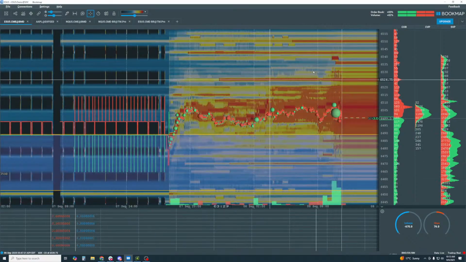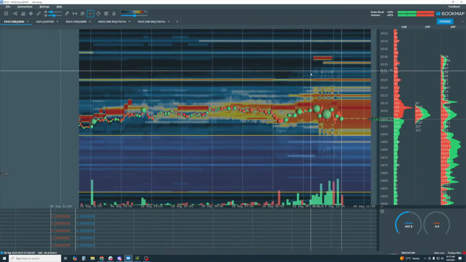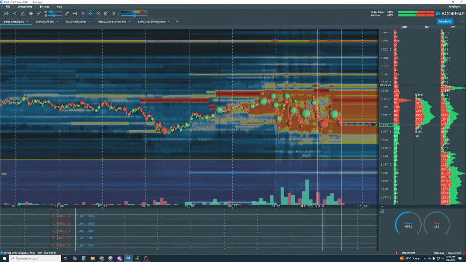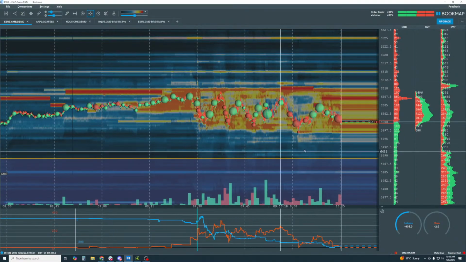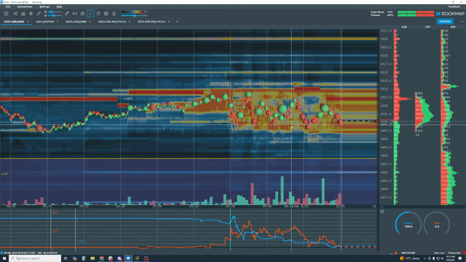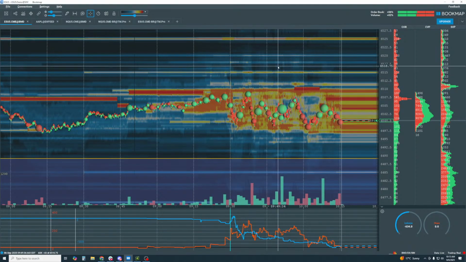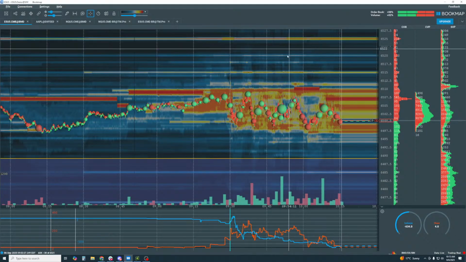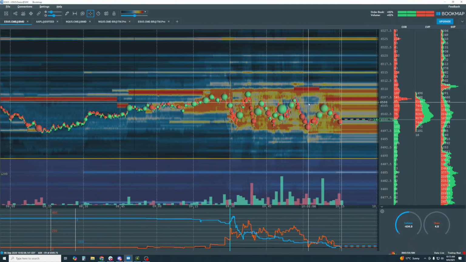All right, so we are just right in the middle here and chopping around quite a bit. We're going to get a break at some point. It might be during the data. We have a lot of data coming out this week, so maybe today we get nothing.